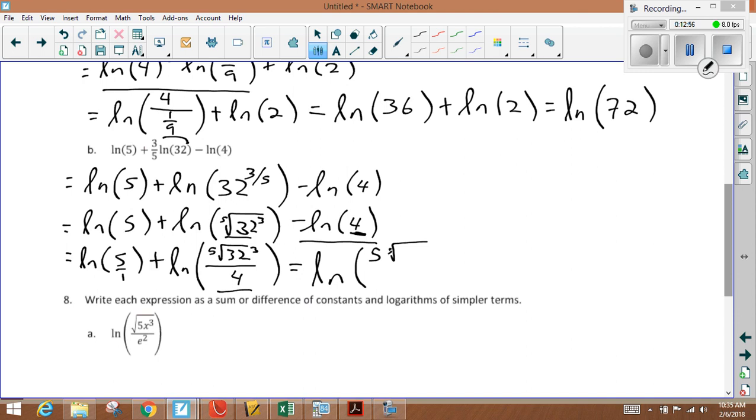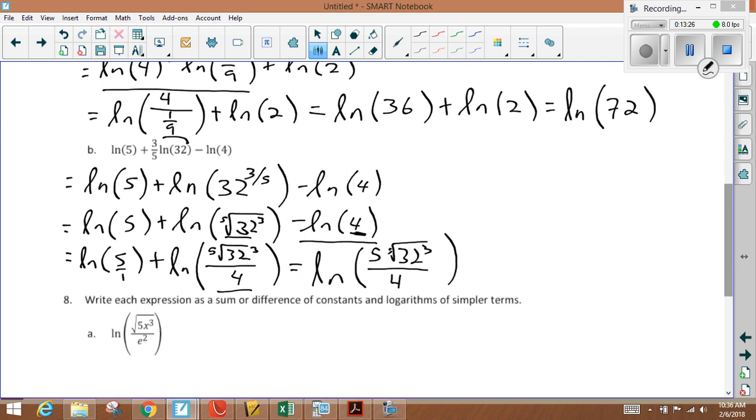So it's 5 times the 5th root of 32 cubed over 4 here. Pretty much multiplied, that's 5 over 1. I can't really multiply it out. If I did, I would most likely get a decimal.